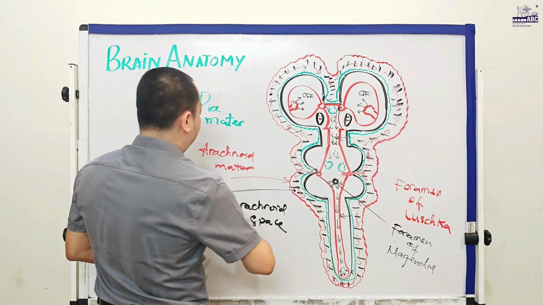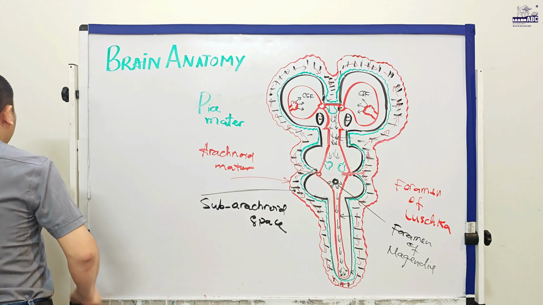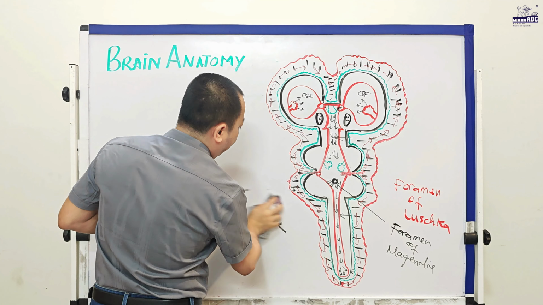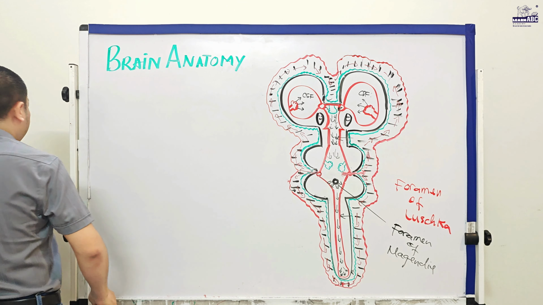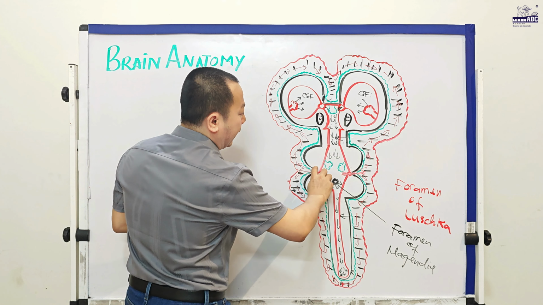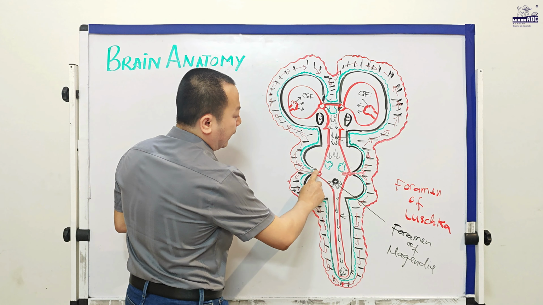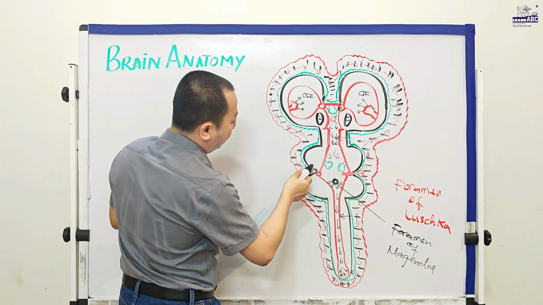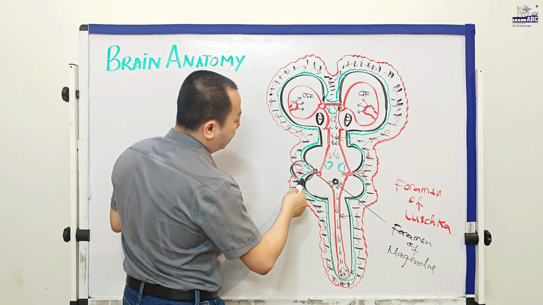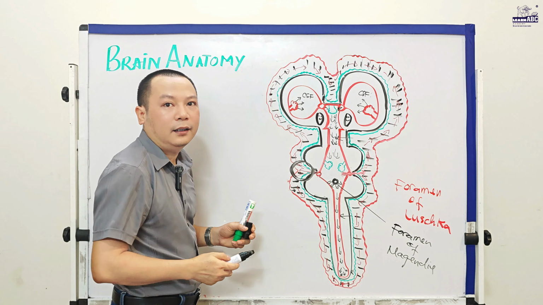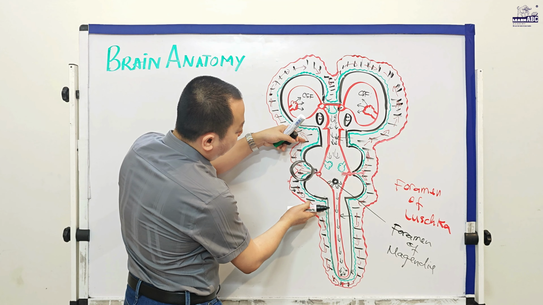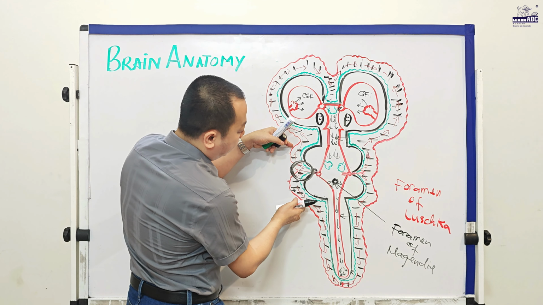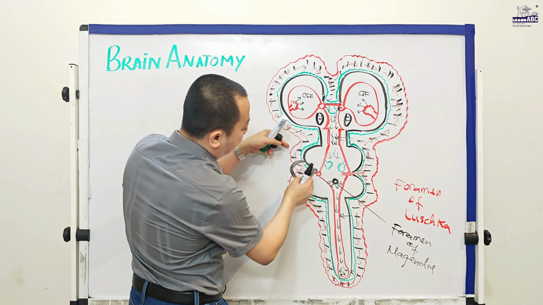Then now one more thing I want to share with you. A very important space or cavity. At this point, the foramen of Luschka, the CSF will go to this portion. This portion we call a cavity. This cavity is very big if we compare it to the space between the pia matter and arachnoid matter, which is small.